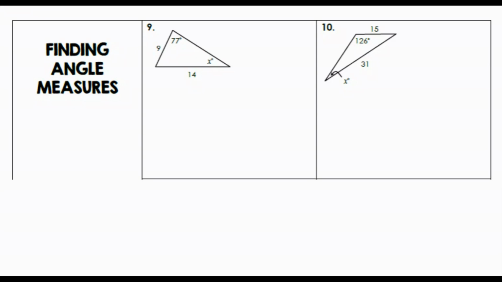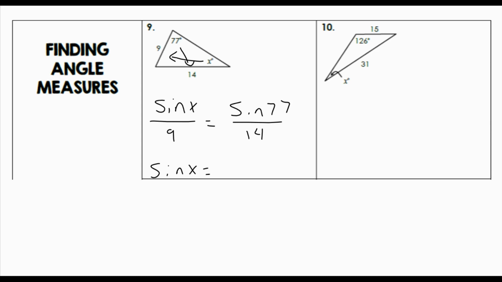Next, looking at finding angle measures. Number 9, we have side lengths of 9 and 14 and angle measures of 77 and x. 9 is the side opposite of x, 77 is the angle opposite of 14. So I'd set up my proportion here where I have sine x over 9 is equal to sine 77 over 14. Now I'll multiply by 9 on both sides to get sine x is equal to 9 sine 77 divided by 14.